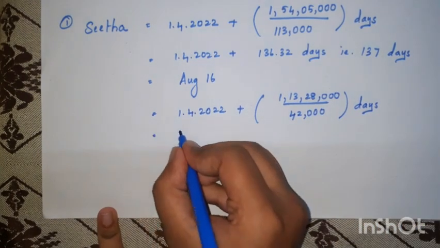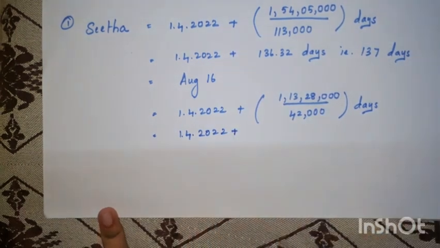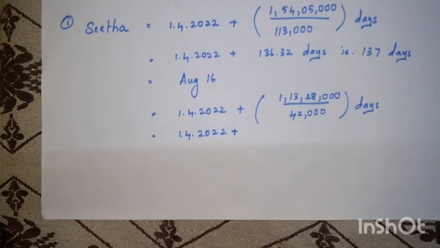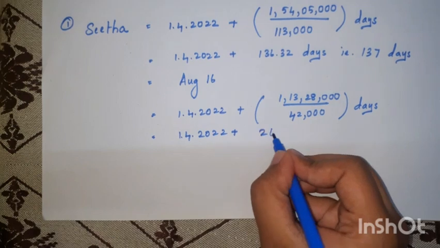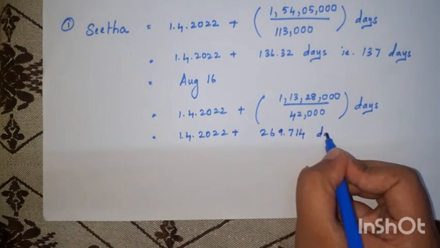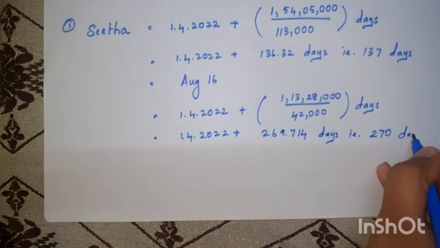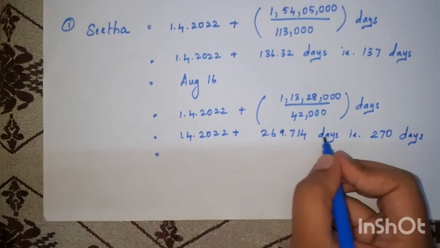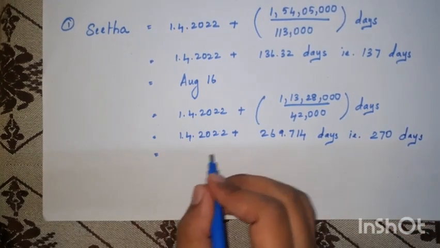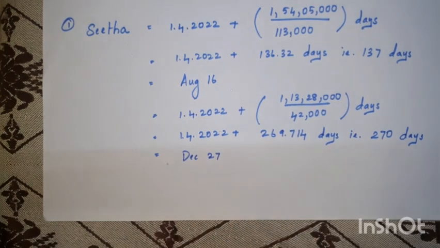So by dividing this, you get 269.714 days. You have to round it off to 270 days. So when we add 270 days to 1st April 2022, you get the average due date as December 27.